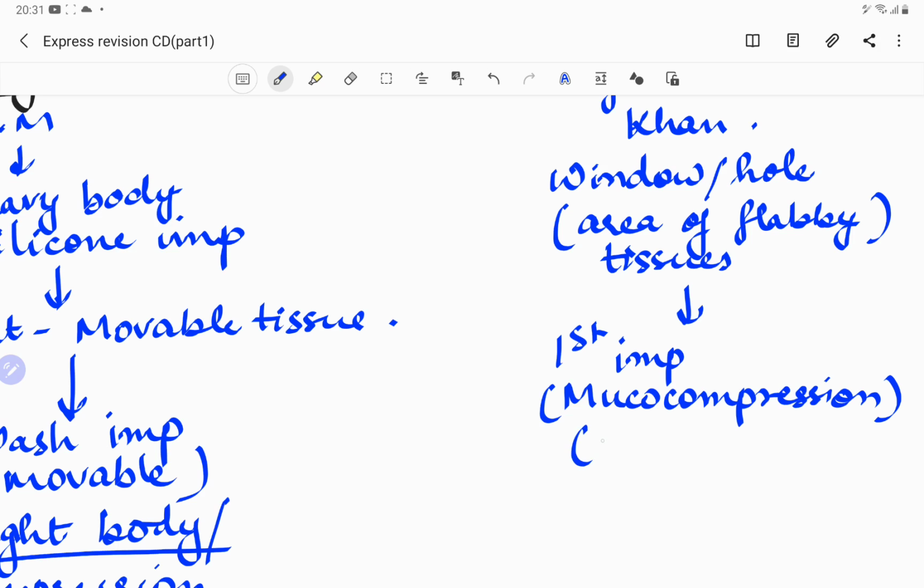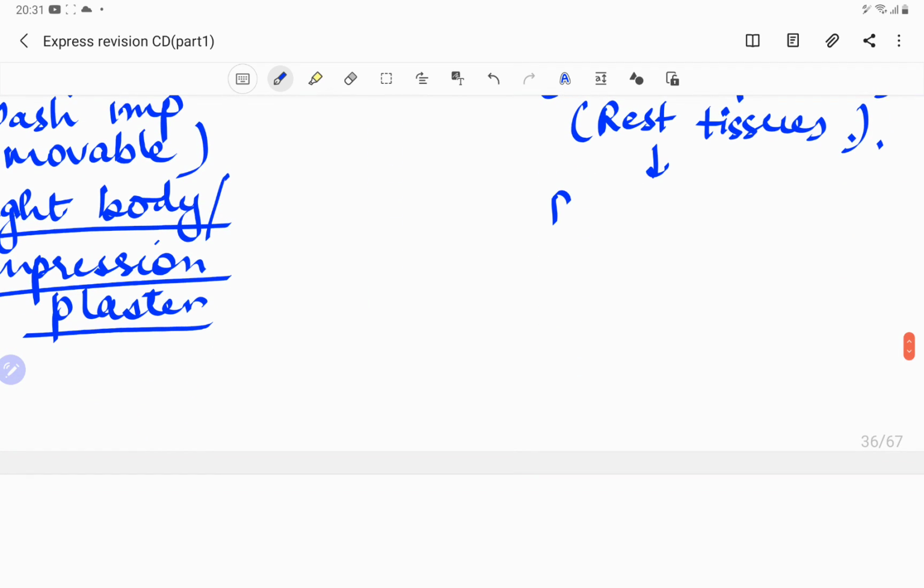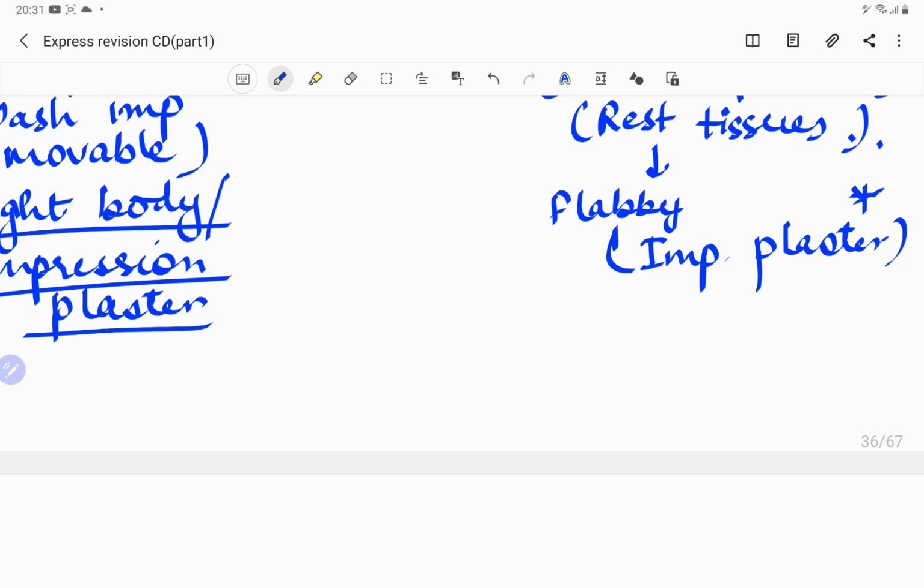Remember this, the mucocompressive impression is for the rest of the tissues. And for the flabby tissues, we take the impression with impression plaster, which is our mucostatic impression.